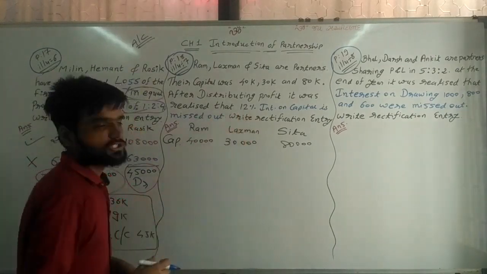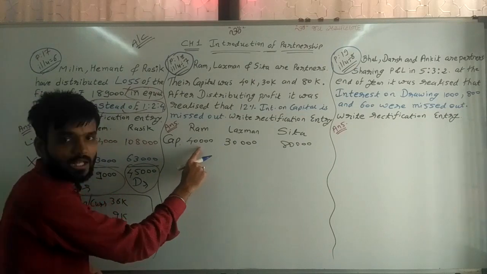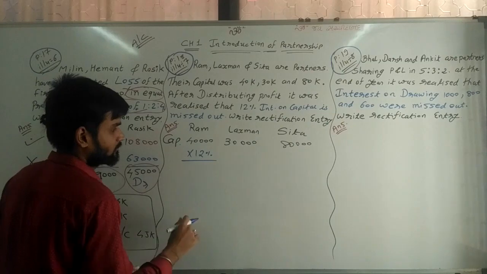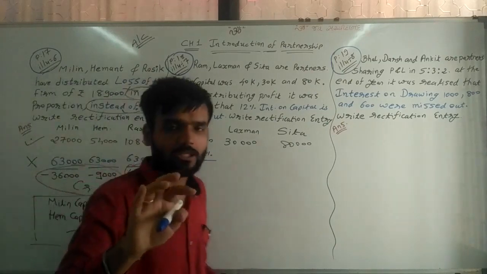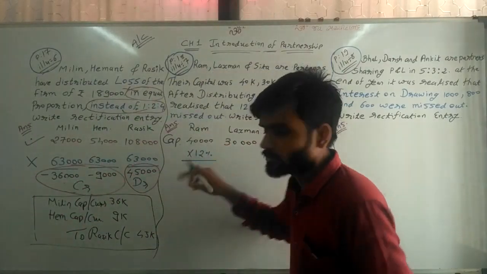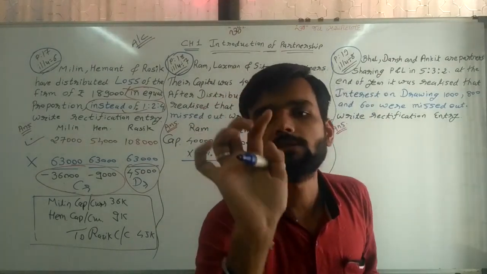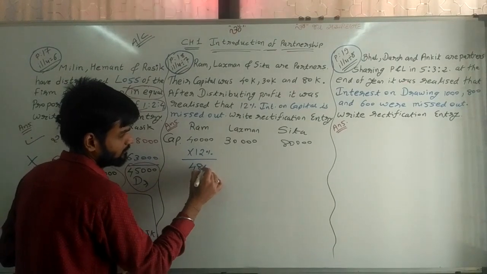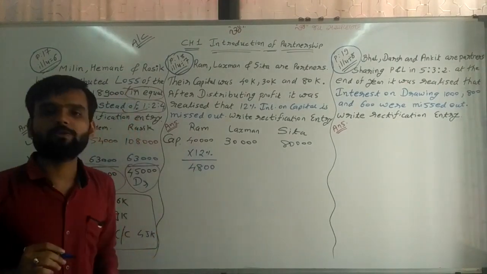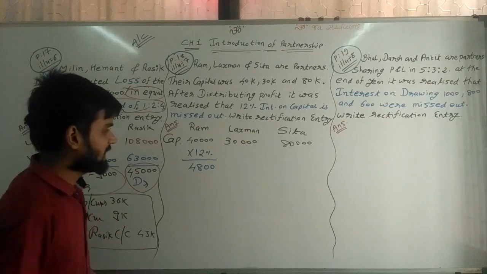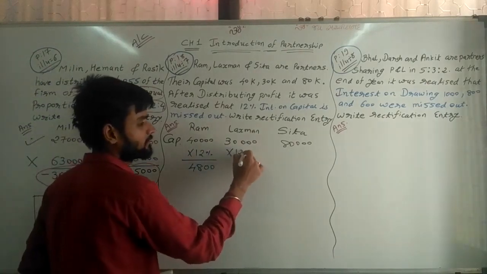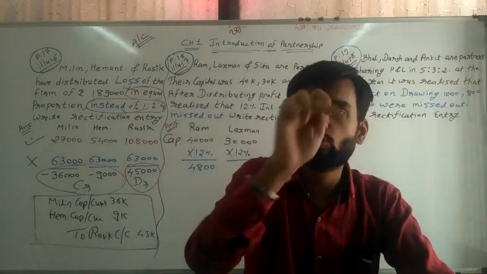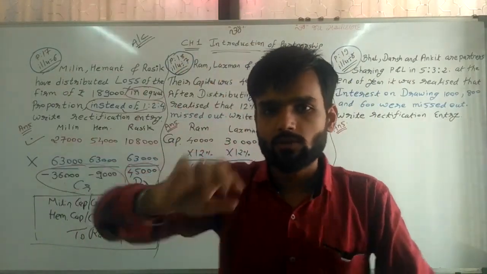So first of all I am finding the correct interest on capital. 12% of this for Ram: 40,000 into 12%, you will get 4,800 rupees. Same way, on 30,000, write down 30,000 into 12% in the calculator.